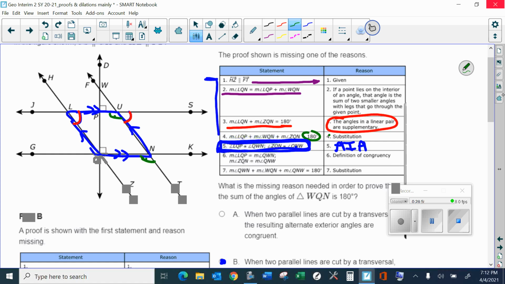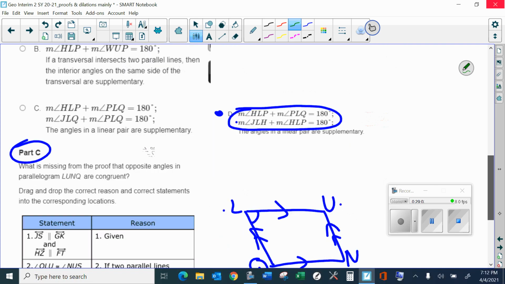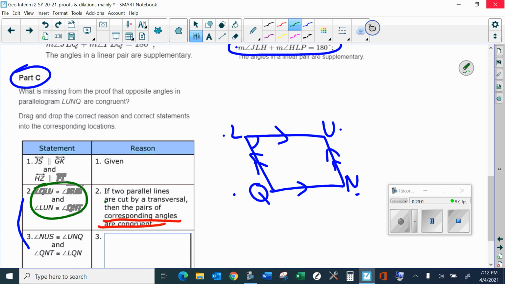Again, corresponding angles. Same one, and that's why it's in the same box, because they have the exact same answer. When using the same justification, remember those are called reasons now, then you can put them in the same box as they did there. That's what I do, just to save writing.